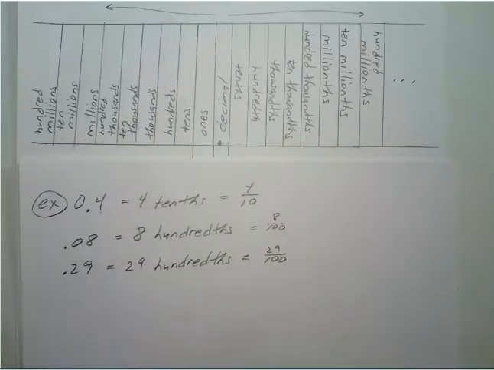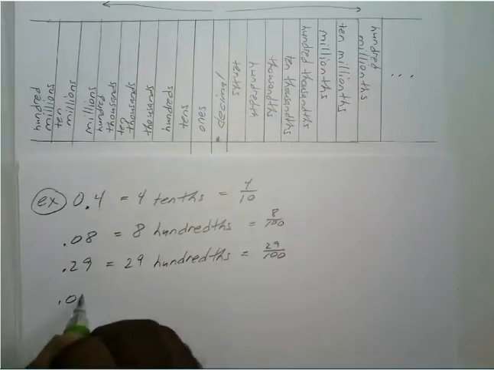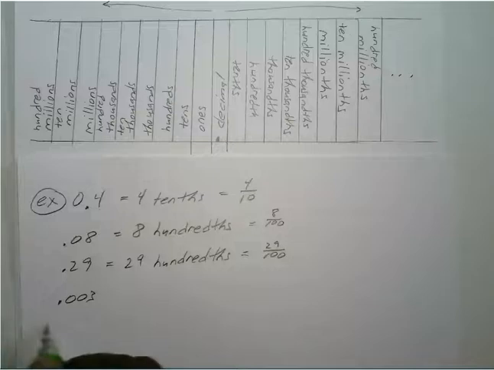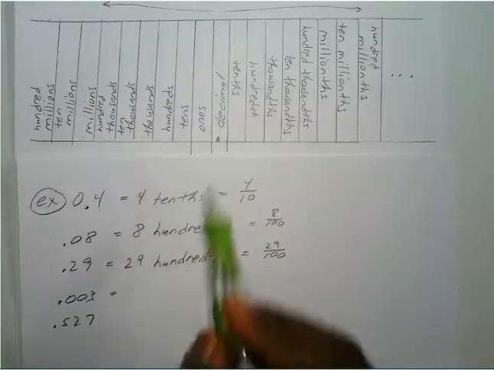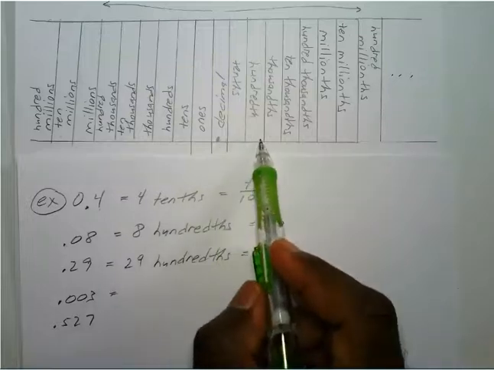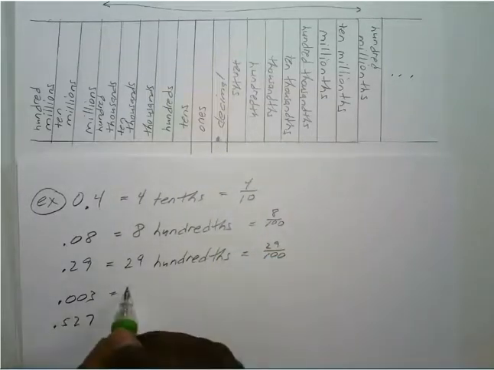Okay, so you try these next two on your own. We have 0.003 and 0.527. Try those two on your own. All right, so I'm assuming you've pressed pause and tried this on your own.